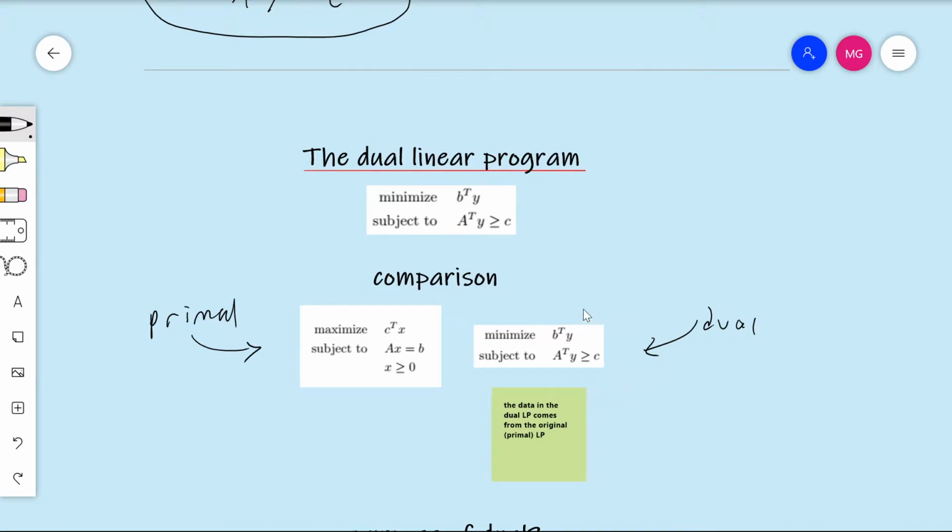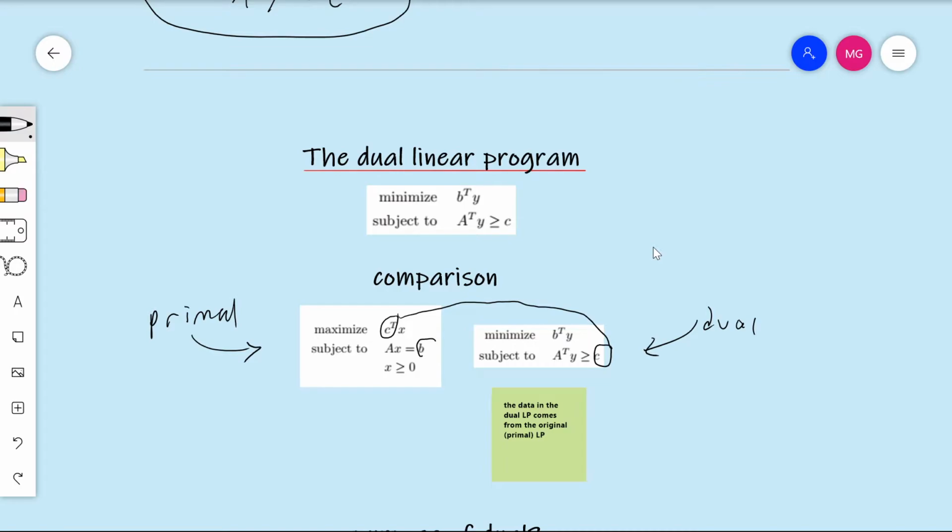So the data in the dual linear program, what's the data? The given data is B, A, and C. Granted, the B and the A are transposed, but nonetheless, B, A, and C are the given data. y is a variable. That's the same data that appeared in the primal linear program: C, A, and B appeared there. If you take a look, the way that things correspond is that this vector C, originally it appeared as the coefficients in the objective function of the primal, and now it's the right-hand side components of the constraints in the dual.